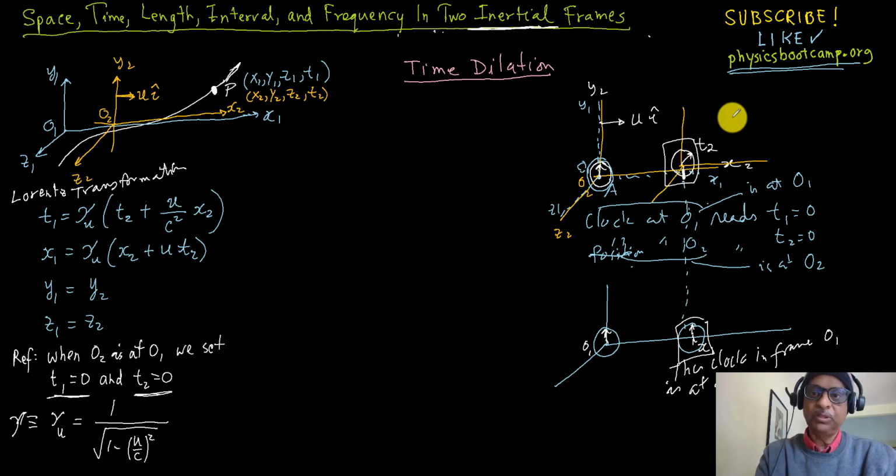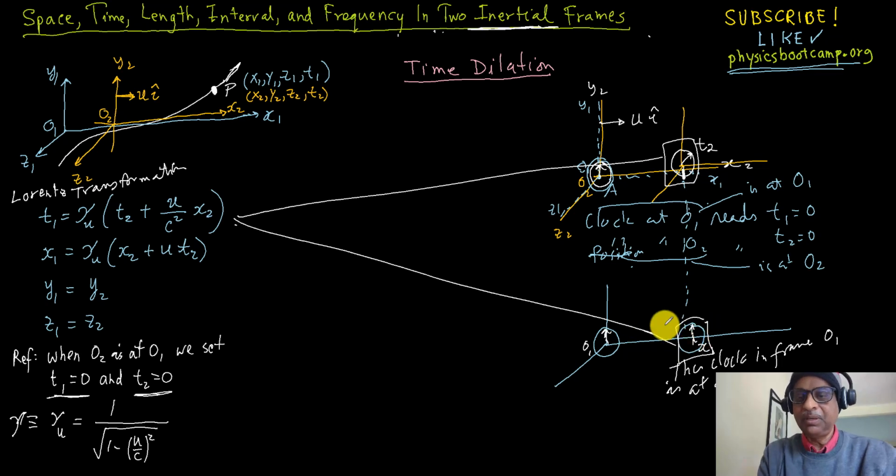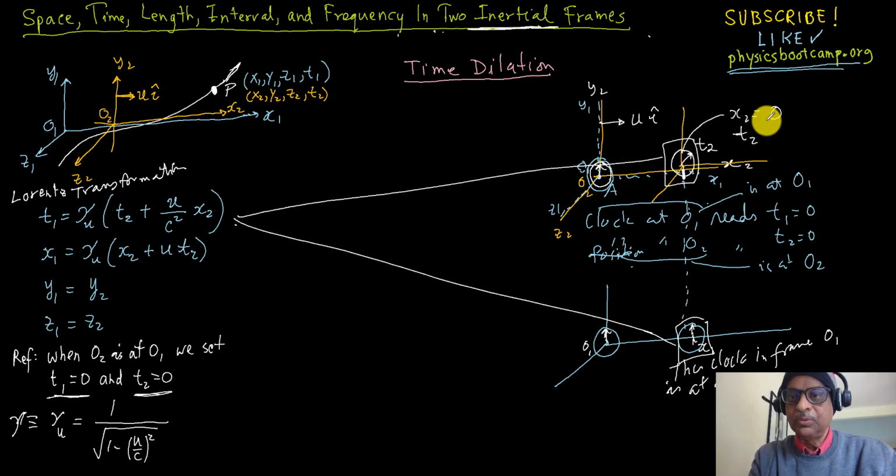This comparison is what these relations refer to. So over here, x2 is at the origin, so x2 equals 0. This clock is at the origin, and this clock reads T2.